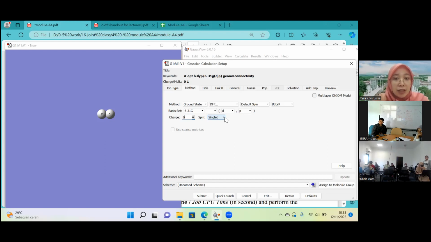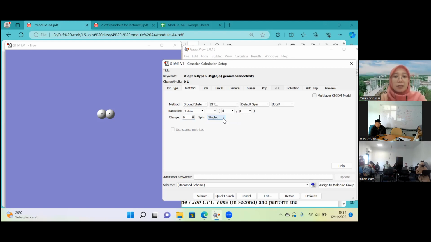But for other molecules, you need to check first whether it is singlet, triplet, or quintet, which one has the lowest electronic energy, or the more negative, is the ground state. So for example, in my case, I calculate the H2 molecule.